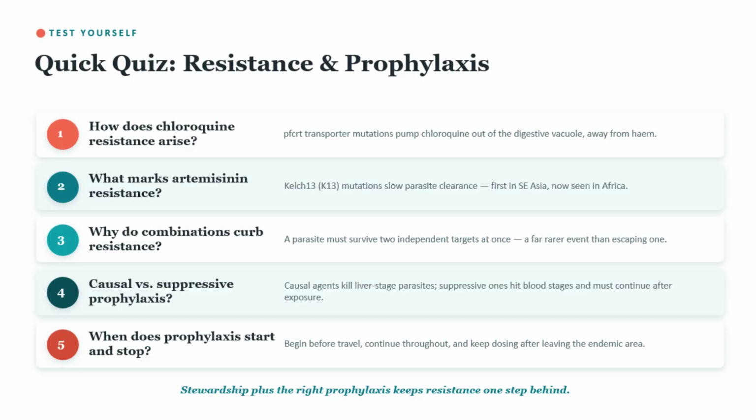Remember with me that combination therapy raises the genetic bar against resistance. And in prophylaxis, I want you to clearly distinguish the causal liver stage agents from the suppressive blood stage ones.